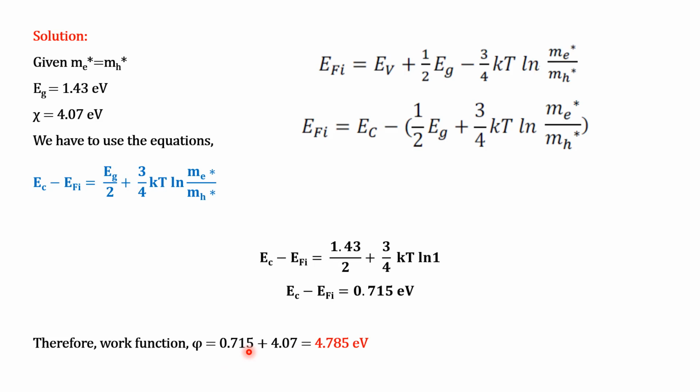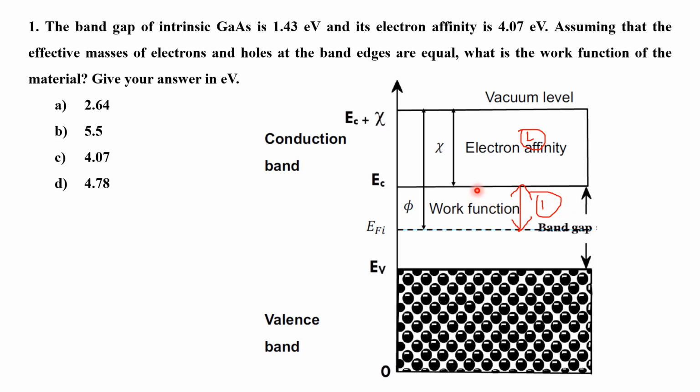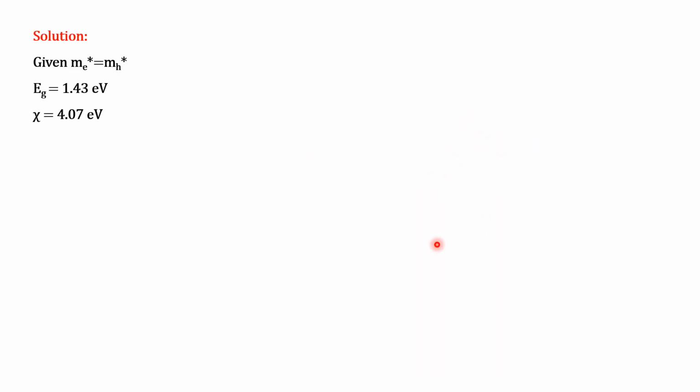Is this question clear to you? First, we have to find EC minus EFI, and once you add this EC minus EFI to our chi value, we will be getting the work function. We got it from that particular diagram. First we find the small distance, and to find it, we use the equation connecting the energy of the conduction band minimum and the intrinsic Fermi level. Adding that to the chi gives us the work function. I hope it's clear to all of you.